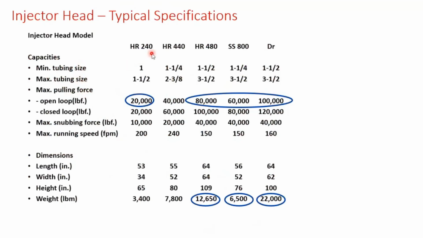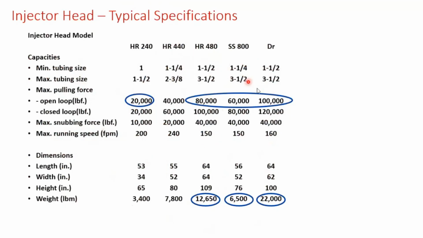As we said, this is the injector specification, the maximum pulling force. We will select, by the way, any other depending on the application. As we said, this is the name: 80 means the maximum pulling force will be 80,000 pound, and the other specifications, as we said, are the snubbing force, the running speed, and the dimension, of course, to fit on our location.